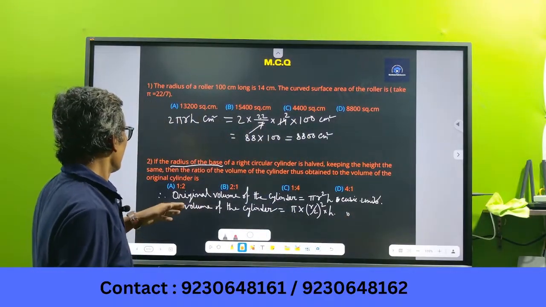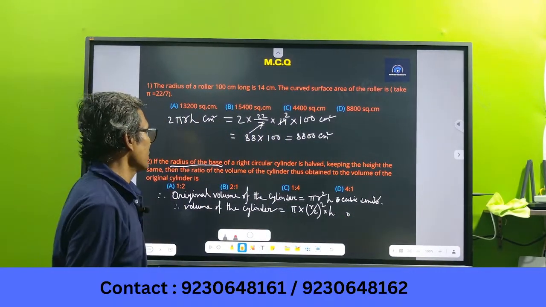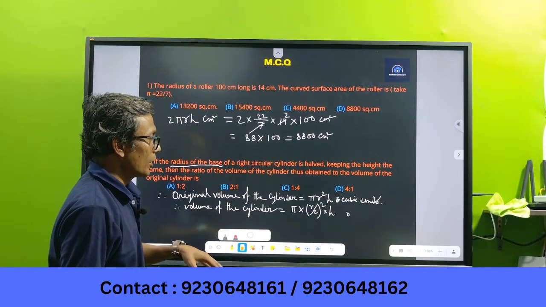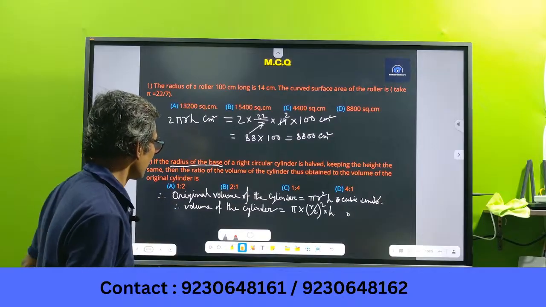So now we have to find the ratio of the volume of the cylinder thus obtained to the volume of the original.